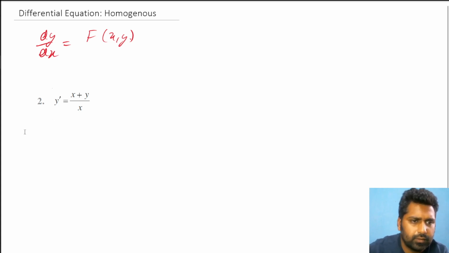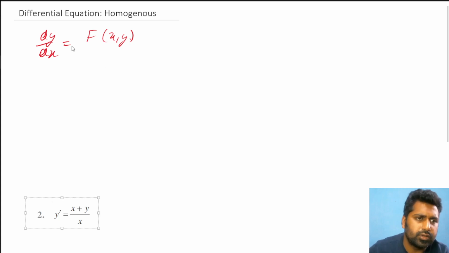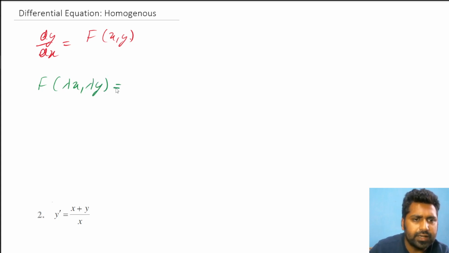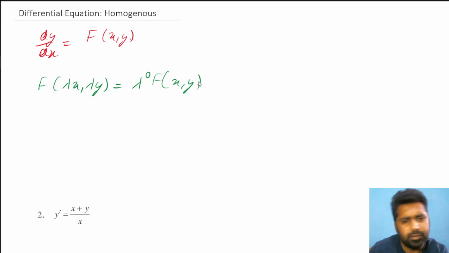Now we call any function homogeneous if f of lambda x, lambda y, where you replace x by lambda x and y with lambda y, is equal to lambda raised to power 0 times the same function of x and y. If this happens, we can say the function is homogeneous.